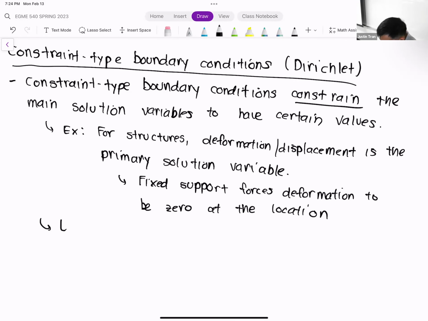Another example. Let's talk about the mathematical example that we did at the beginning of class today. If you look back at that example, we had two boundary conditions there. I chose those very deliberately so that they refer to the two types of boundary conditions we're going to talk about. Okay. The first boundary condition that we had, which is z of 0 is equal to 18, is also categorized as a constraint type boundary condition.